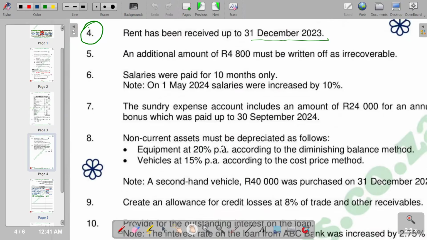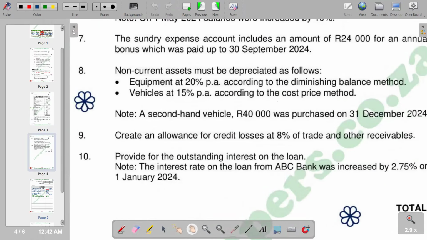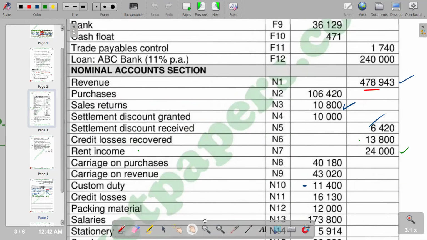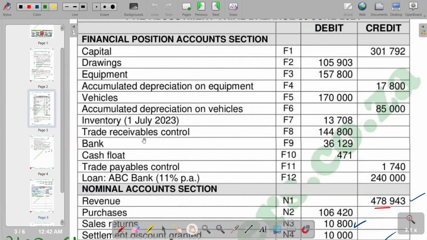So we go down, we see that we are given it on item 9. Create an allowance for credit loss of 8% of trade and other receivables. And of course, we have trade and other receivables. We are given it as trade receivables control, which is 144,800.